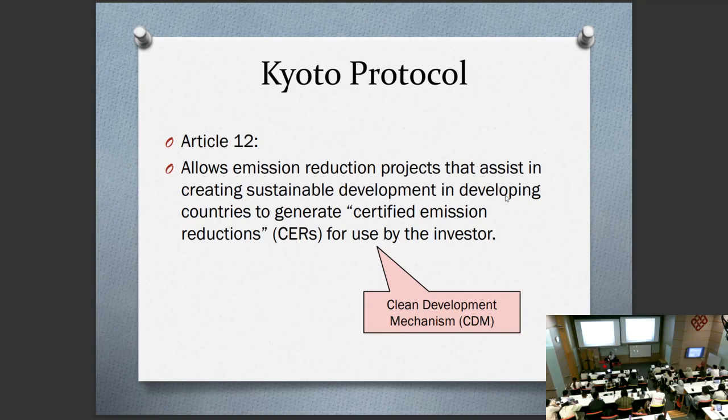So maybe the U.S. herself cannot reduce the carbon dioxide emissions, but by investing in a project in Vietnam, they can also get some credits for the emissions reduction. So that's the clean development mechanism.